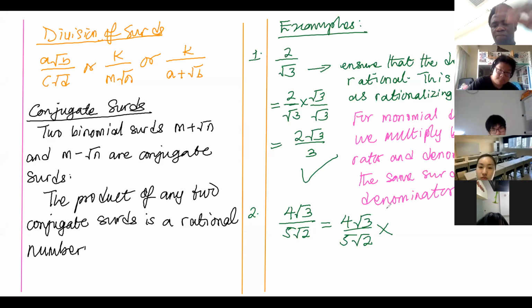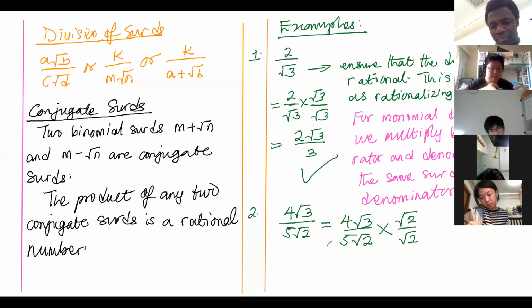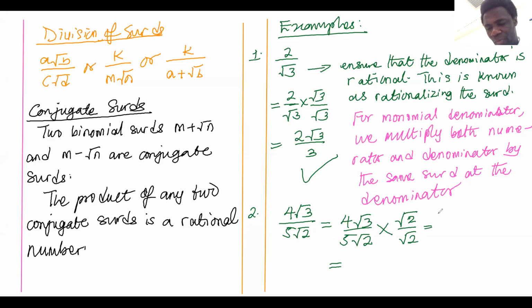Just root 2. So this will be 4 root 6 divided by 5 times 2, and that gives 4 root 6 divided by 10.